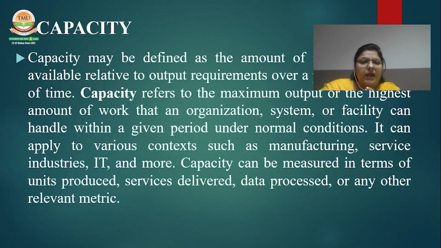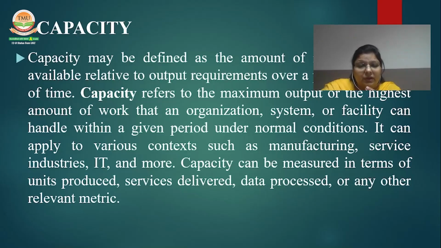So capacity means how capable you are for production, manufacturing, store management, handling material, and maintaining the store. Each and every part of an organization has some kind of capacity.